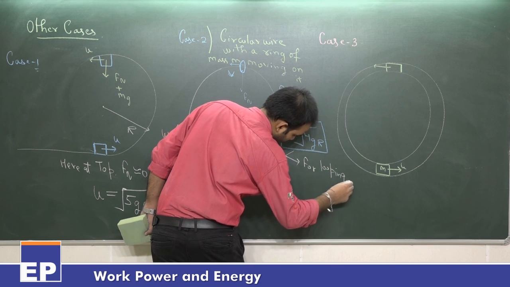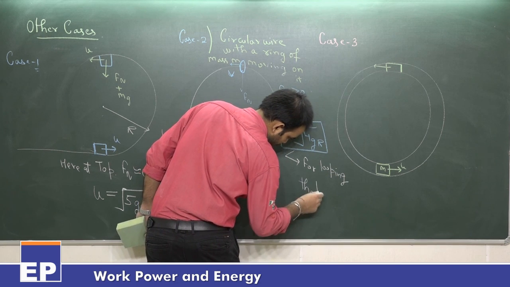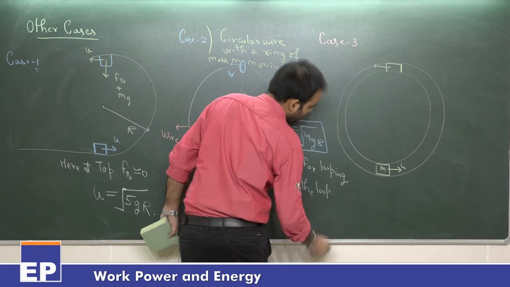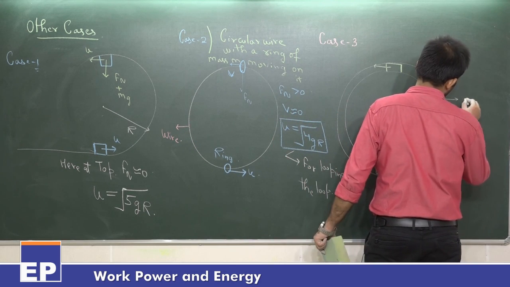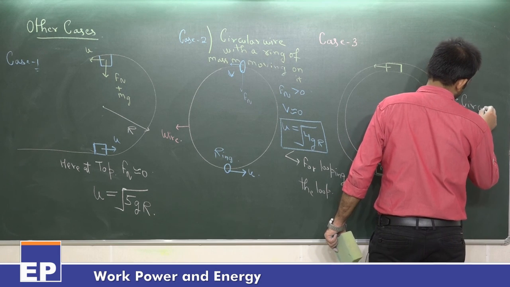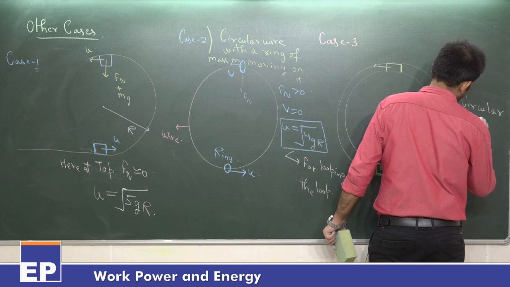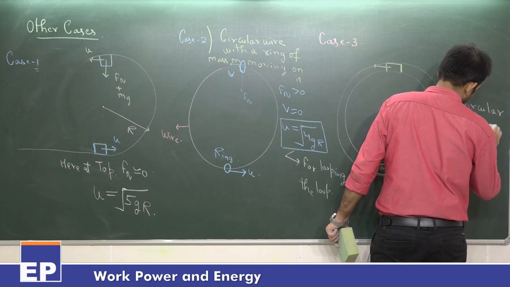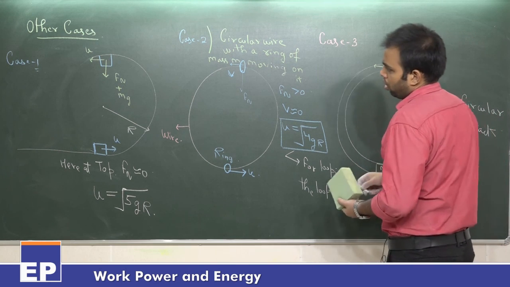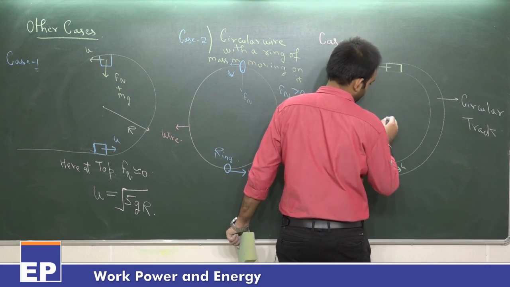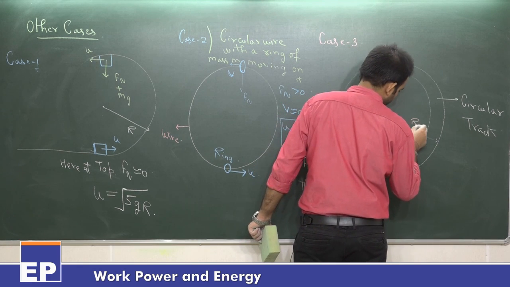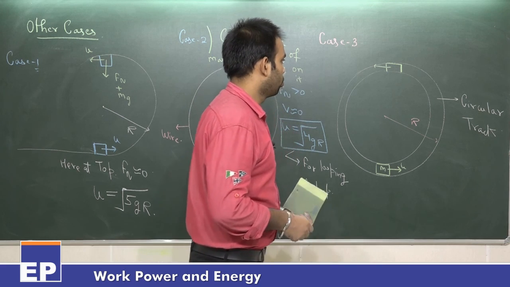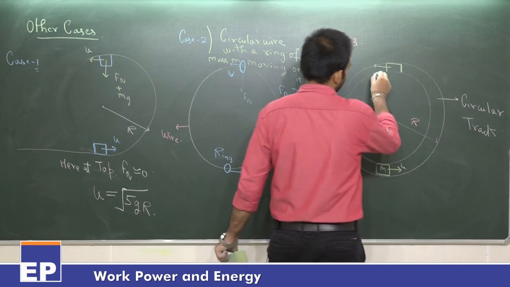For looping the loop. It's a circular track. Its radius is r and it is moving in it. Here it is v.